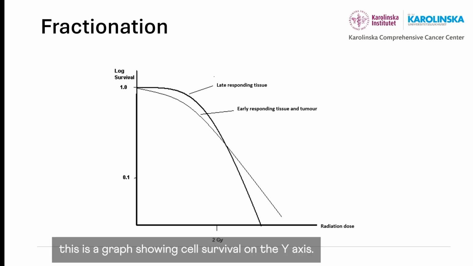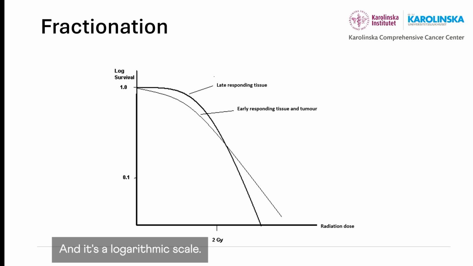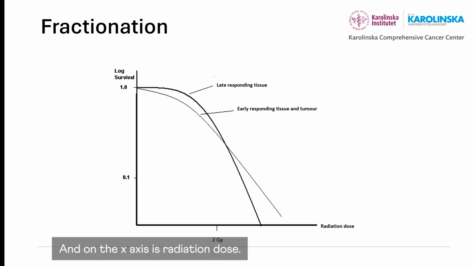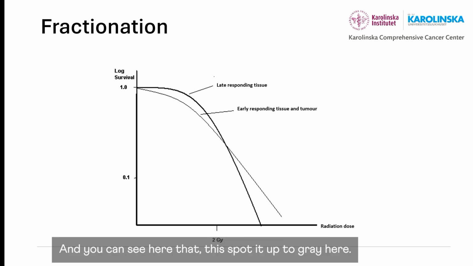This is a graph showing cell survival on the y-axis, and it's a logarithmic scale. So up here, 100% of all the cells are alive, and down here, only 10% are alive. And on the x-axis is radiation dose, and you can see here that we've marked out 2 gray.